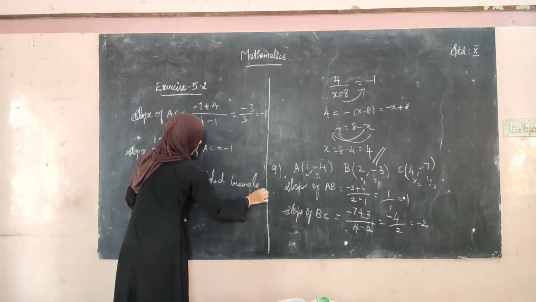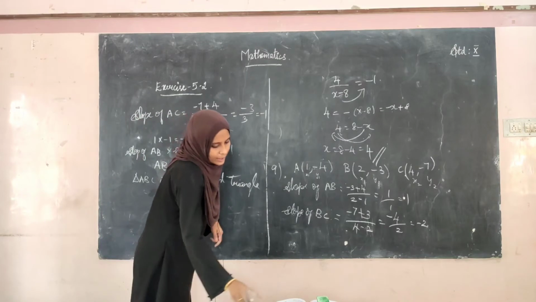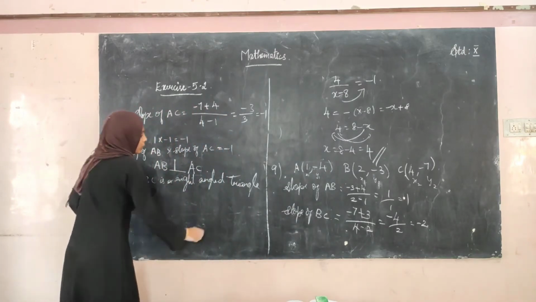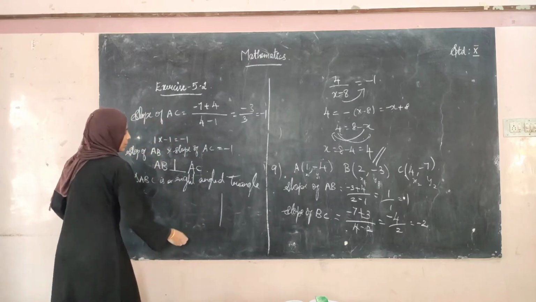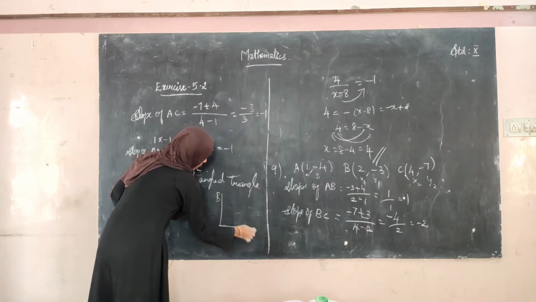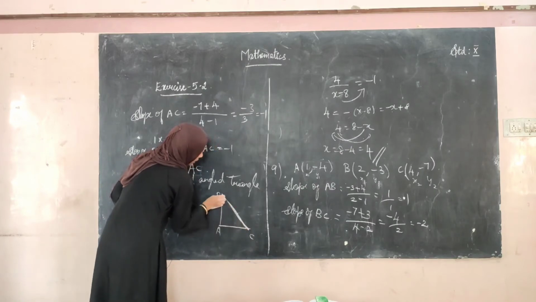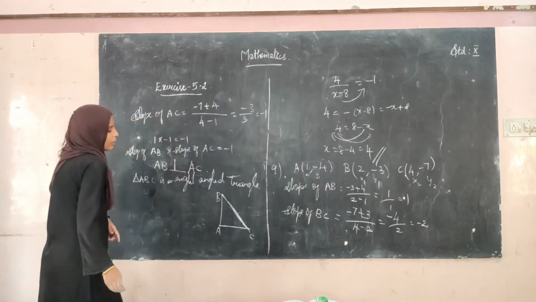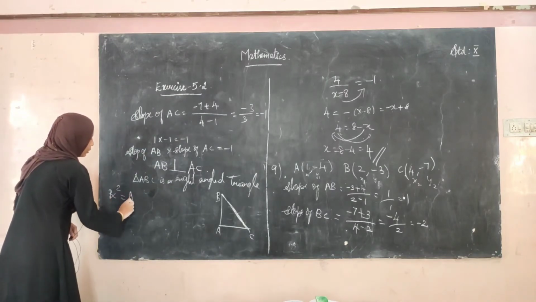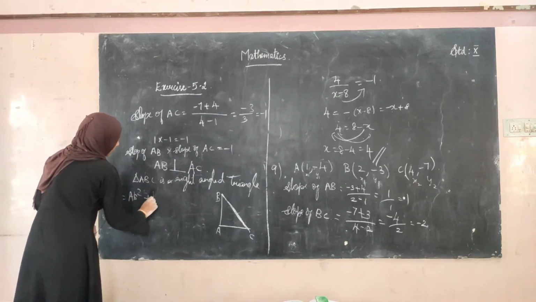Okay, and again what they have asked is, we have to check whether it satisfies the Pythagoras theorem. So AB and AC make the right angle. For the Pythagoras theorem, we know that BC square is equal to AB square plus AC square.